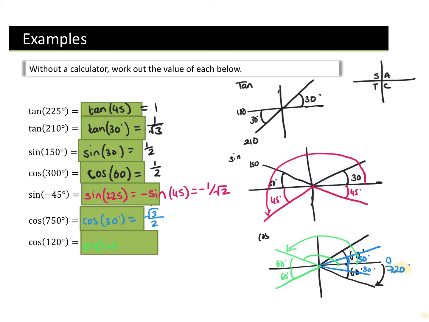Again, nothing's really helping me right now. But cos of 120, as you can see, normally we have our cos here, so this would mean we could also flip it and do the negative. This is negative cos of 60 degrees, which equals negative a half.